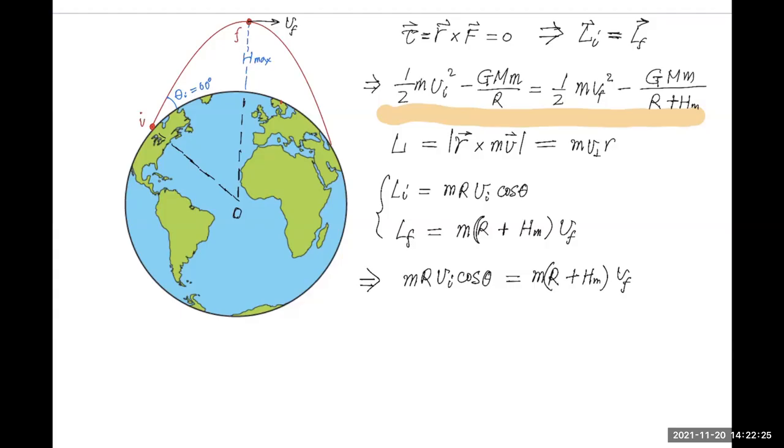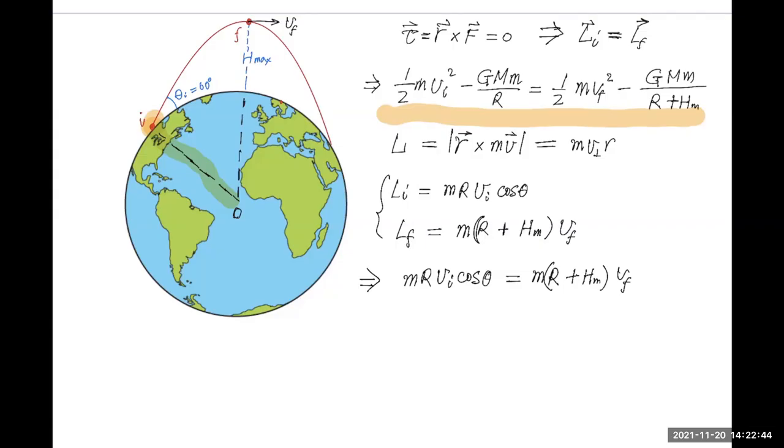So in this case, look at the initial value of the angular momentum. Here is the initial position, that's where it is. So R initial is from O to the initial point I with a value equal to the radius of the Earth.